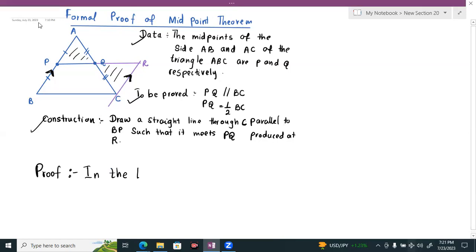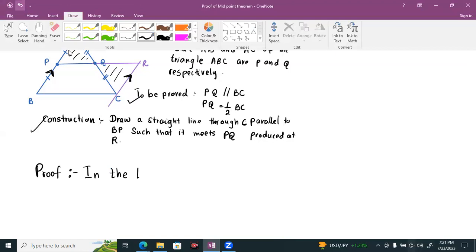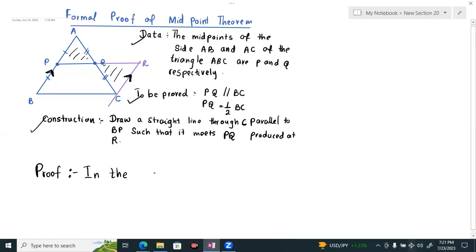When you do a congruence of triangles, we have to introduce the triangles. In the triangles APQ and QCR, write three elements and try to show that they are congruent to each other.